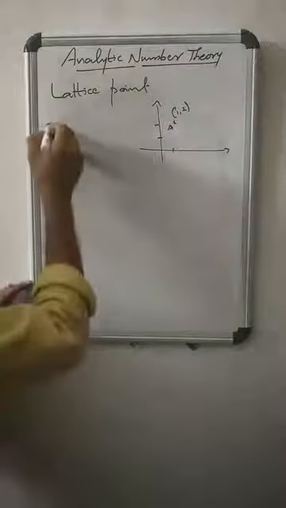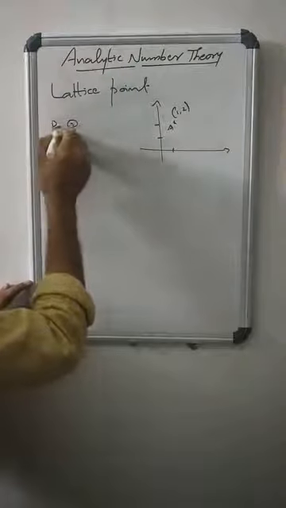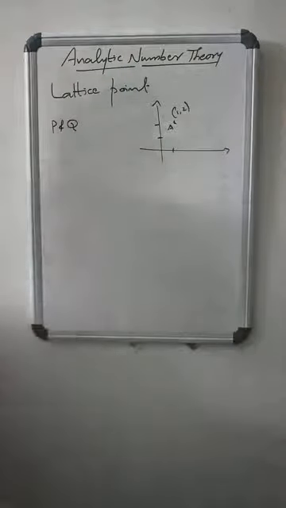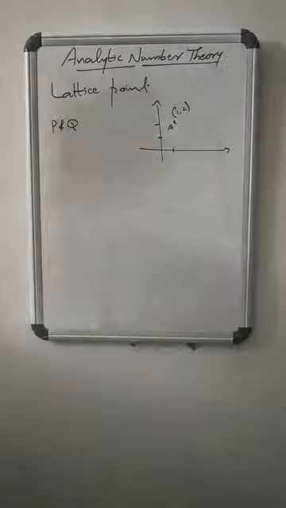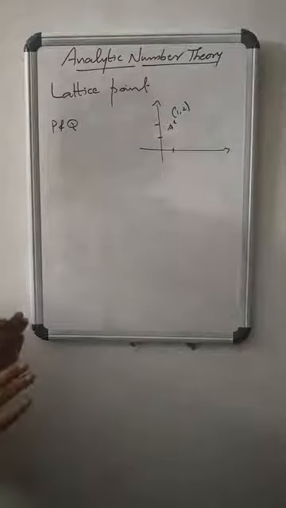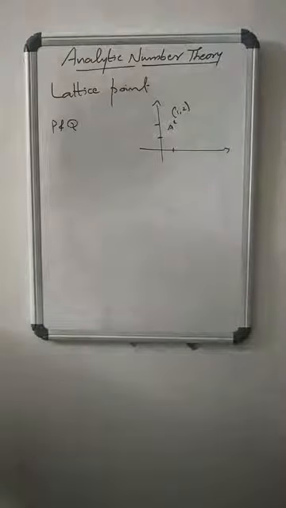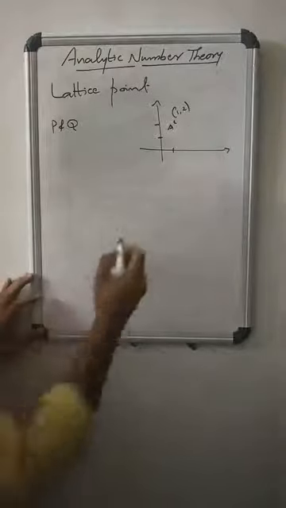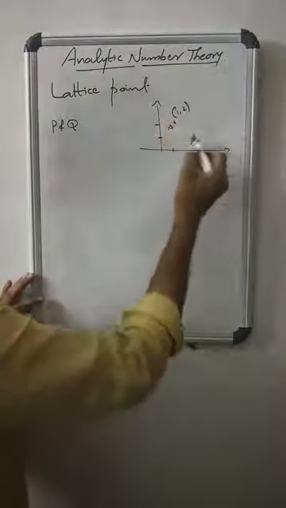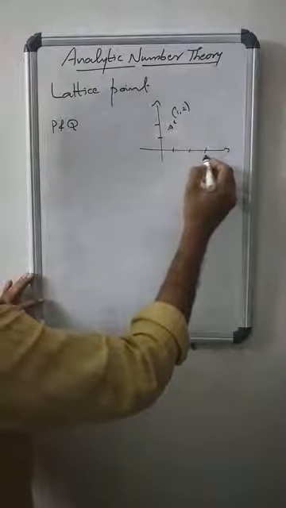Then suppose P and Q are any two points. Then P and Q are said to be mutually visible. Two lattice points P and Q are said to be mutually visible if the line segment joining P and Q contains no lattice point other than the endpoints P and Q. Consider the point (1, 2) and the point (2, 3).